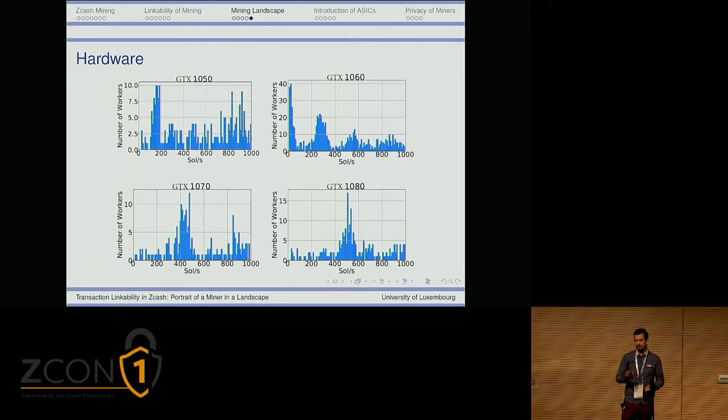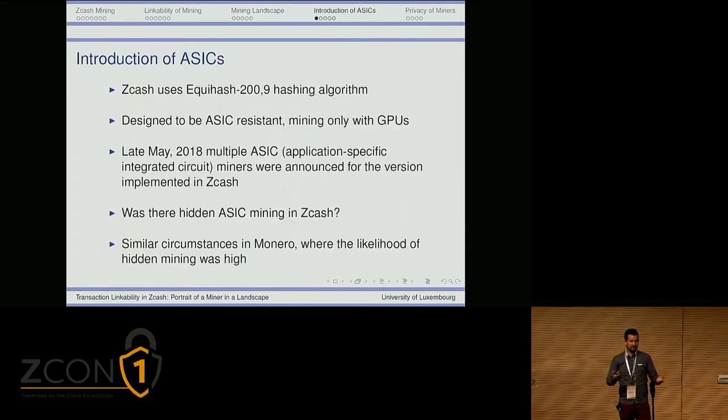something happened last May, which is that two large ASIC manufacturers, namely InnoSilicon and Bitmain, announced specific ASIC miners for the Equihash 209 algorithm.